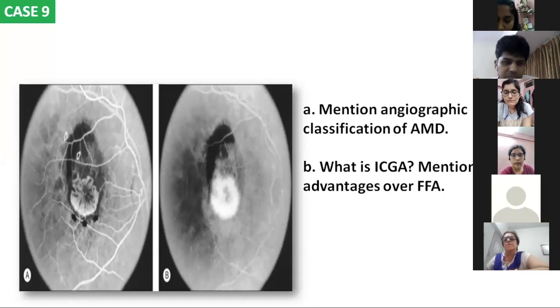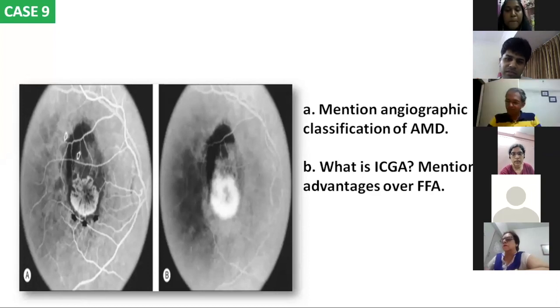Again, sir, you can explain them. You could have said choroidal tumors, you could have said pachychoroid neovascularization. PCV is one right answer you gave, IPCV, where it has a distinct advantage over FFA. So 7.5, I think.